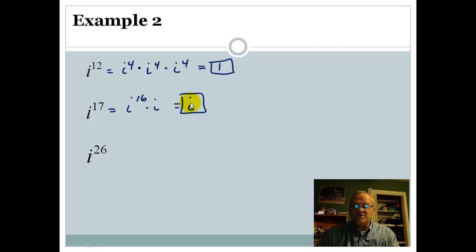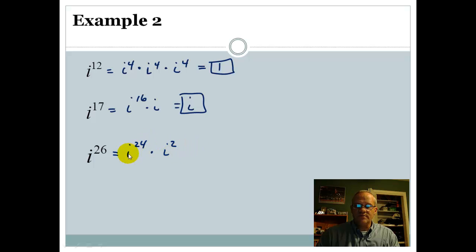How about i to the 26th? Well, think about the biggest number that can be divided by 4 evenly. That's 24, because 24 divided by 4 will go evenly. So that becomes just 1, and that leaves me with i squared left over.